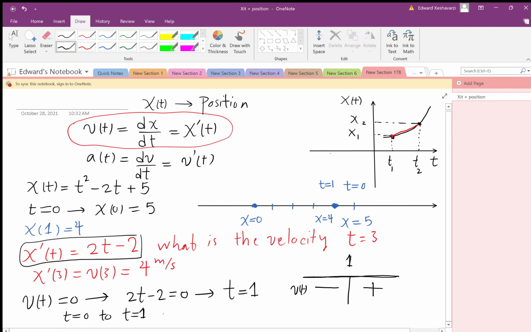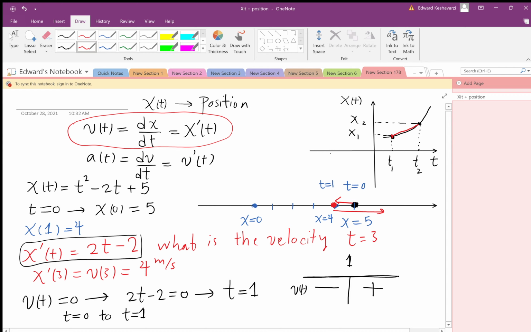So from 0 to 1, you go backward toward the origin, and then at t equals 1, you stop, and then you change the direction and you go to the right side. At t equals 0, you're here, and then at t equals 1, you're back to the left side, and then after t equals 1 again, you move to the right side.